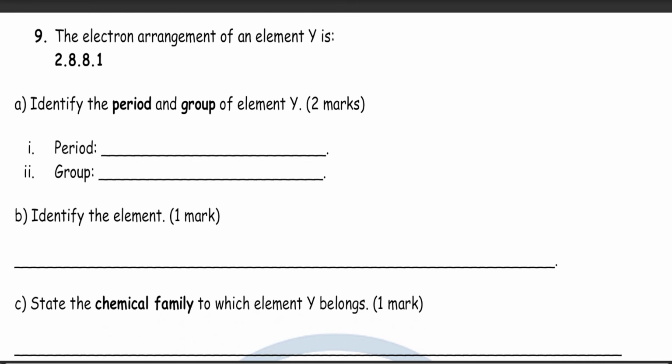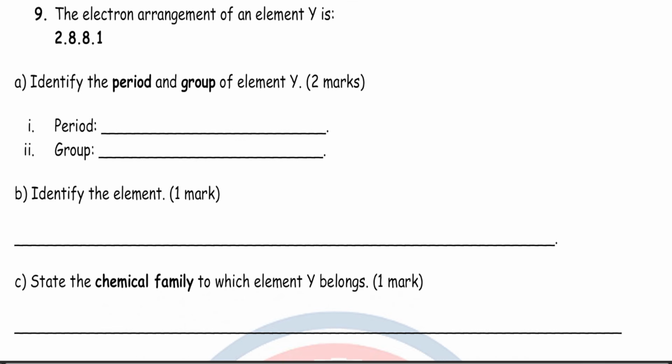So yeah. Now question 9. The electron arrangement of an element Y is 2, 8, 8, 1. Identify the period and group of element Y. Now the period is the number of energy levels. So the number of energy levels is 4: 1, 2, 3, and 4. So period 4.